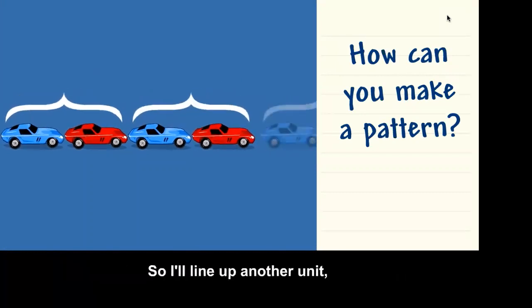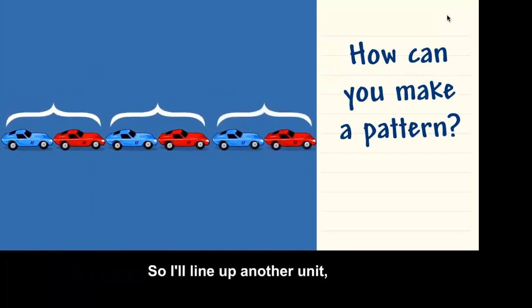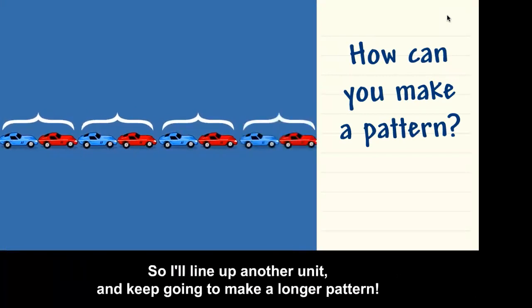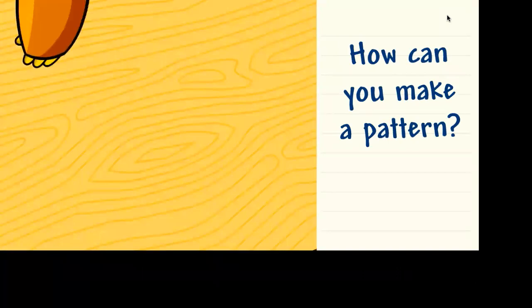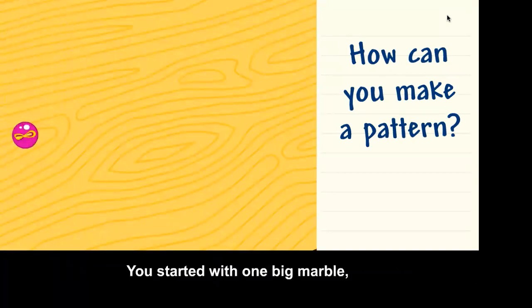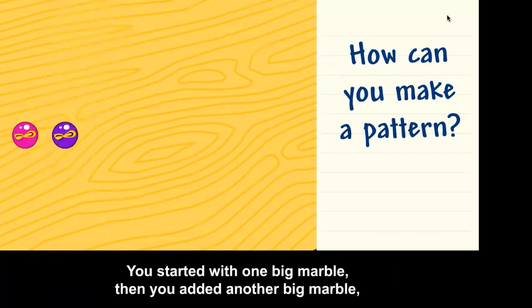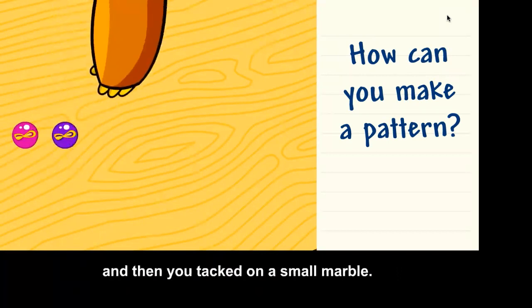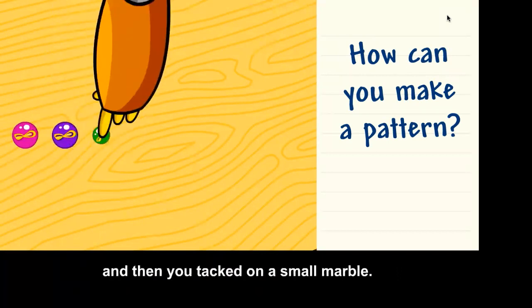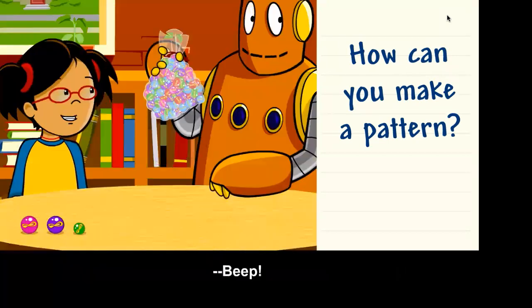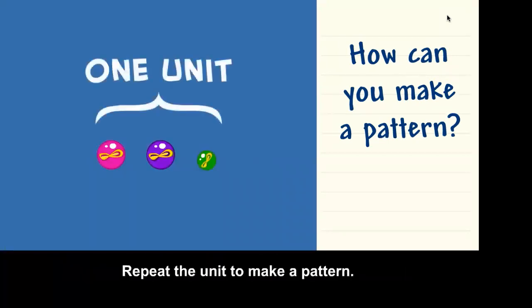So I'll line up another unit and keep going to make a longer pattern. You started with one big marble, then you added another big marble, and then you tacked on a small marble. Repeat the unit to make a pattern.